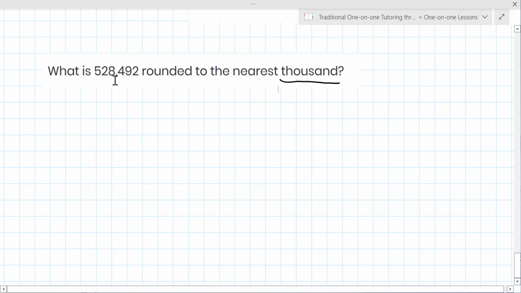The 8. That's very good. Okay, so to figure out the nearest 1,000, you write the number up to the digit that you're rounding to, and then you put zeros after it. And that's the number you're going to use if you round down. Now if you're going to round up, you have to add 1,000 to it.